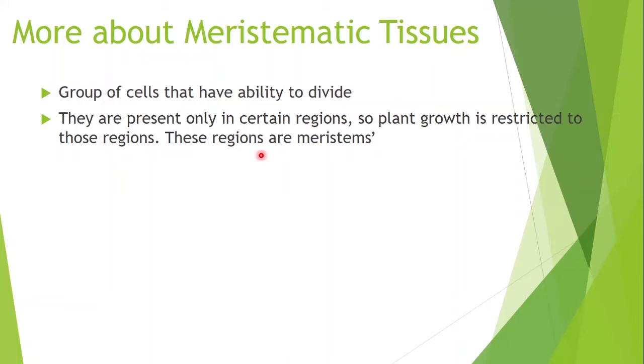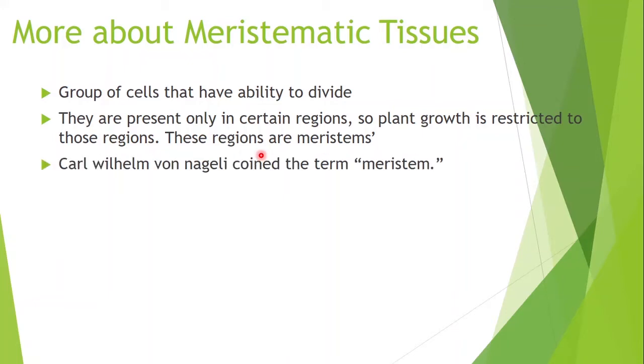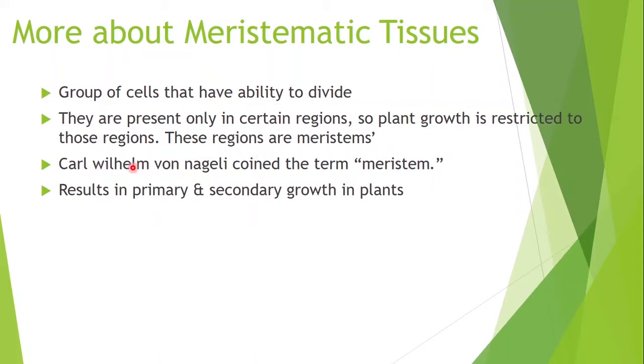These kinds of tissues are present only in certain regions. The term meristem was coined by Carl William von Nageli.